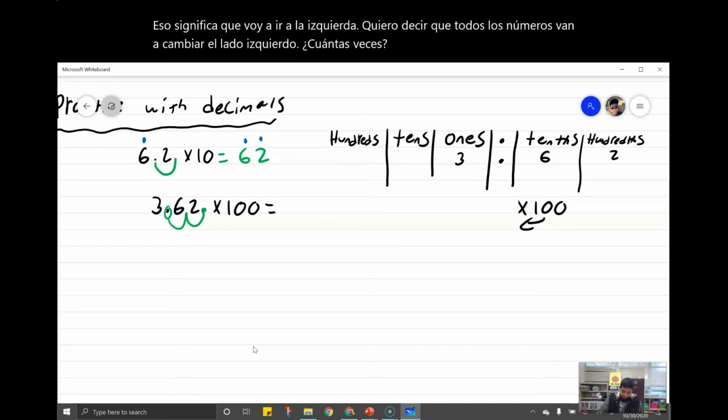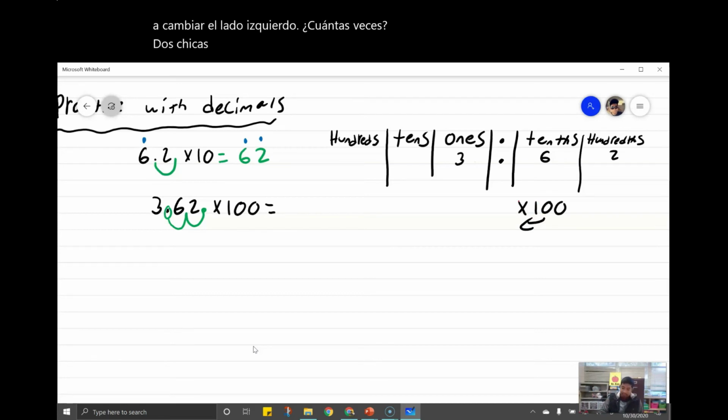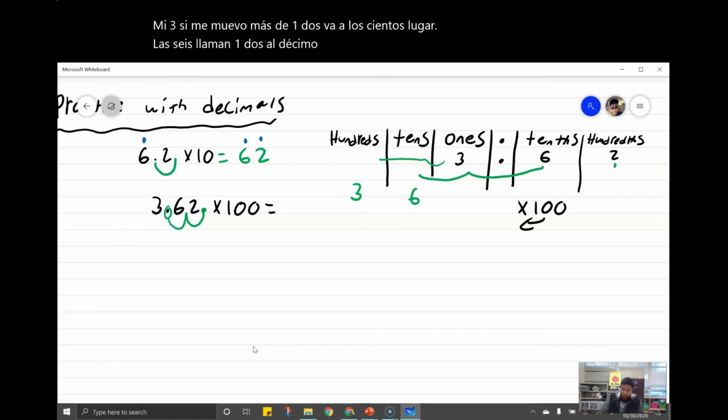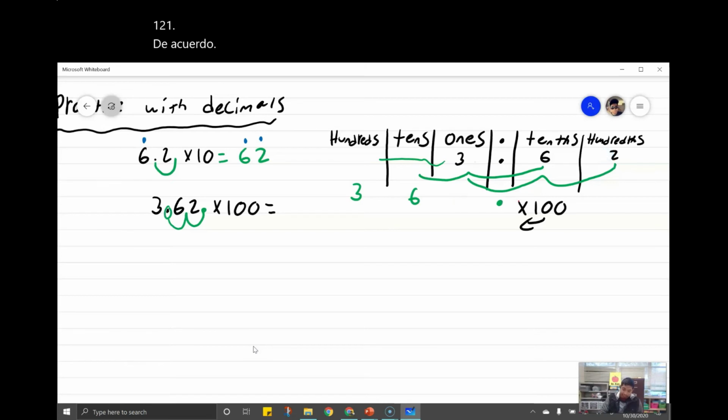Good. So that means my 3, if I move it over 1, 2, goes to the hundredths place. The 6 goes 1, 2 to the tenths place, and the 2 goes from the hundredths to the ones place. Okay. Oh, I put a 6, 2. So my new number is 362. Okay. So that's why that works. That place value. Okay, place value is very important.